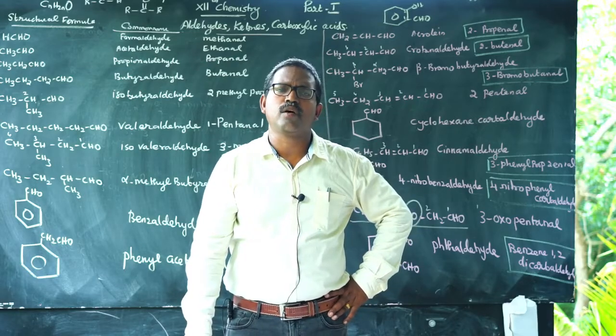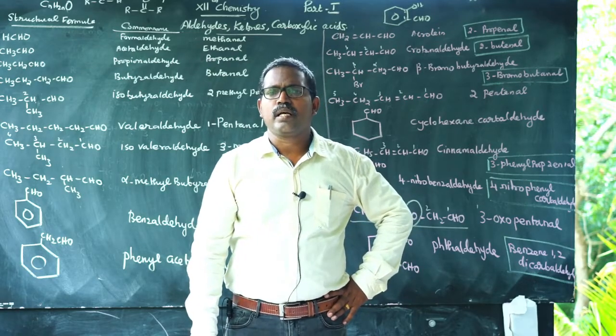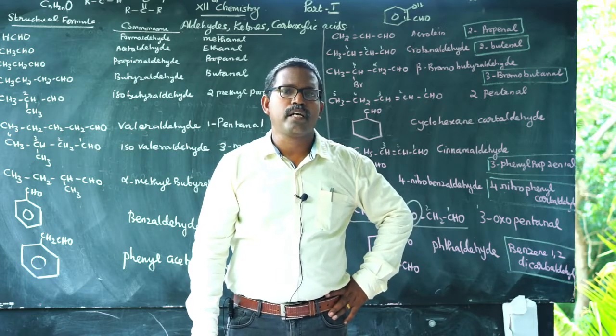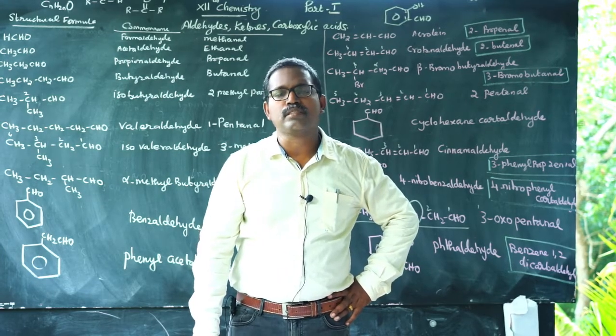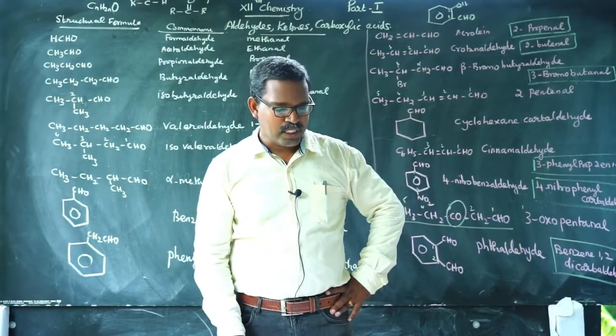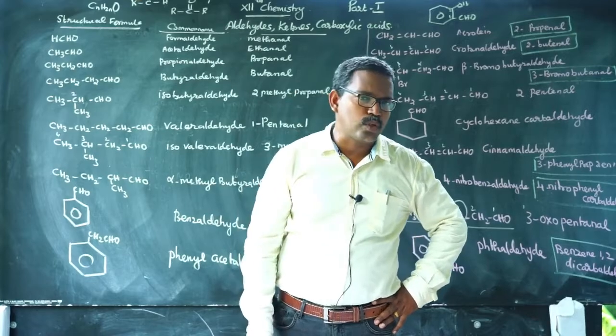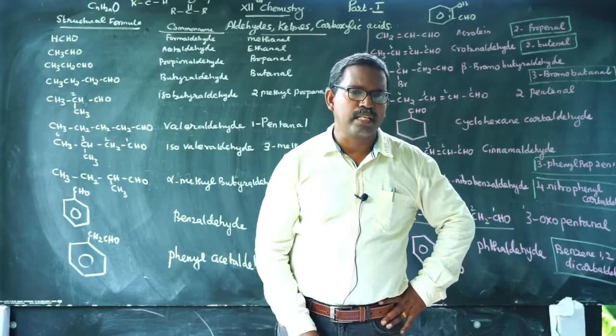In aromatic aldehydes, aromatic groups are present. In unsaturated aldehydes, double bonds are present. Phenyl group and double bonds present make an aromatic unsaturated aldehyde. Then we are going to discuss the IUPAC nomenclature of ketones.